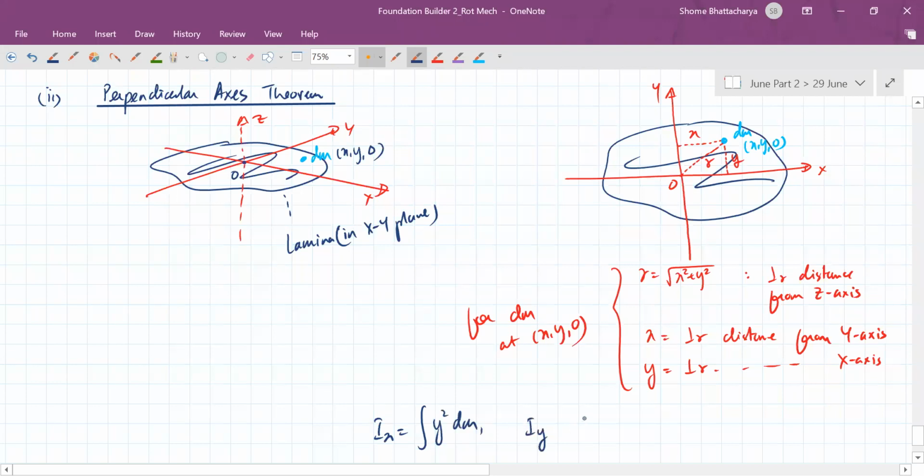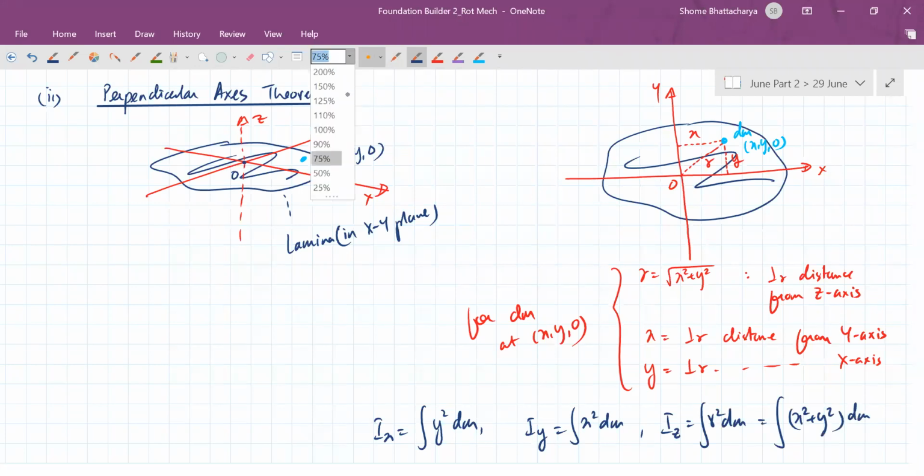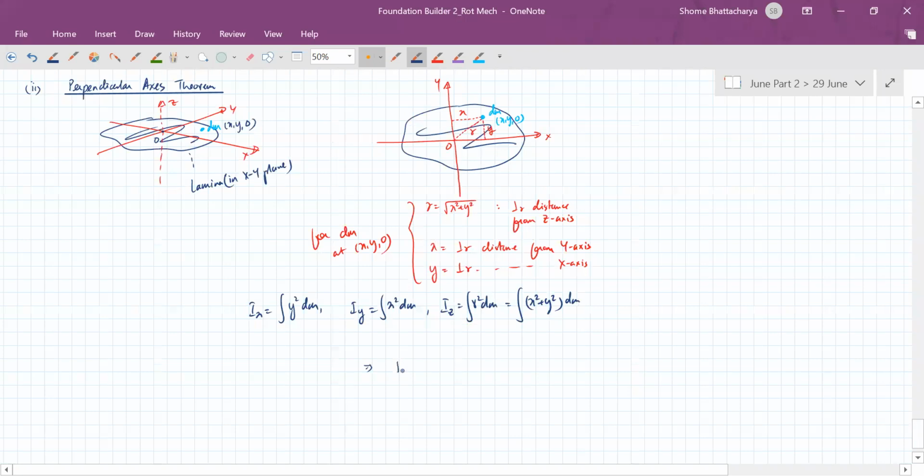Our moment of inertia about the y-axis becomes integration x squared dm, and our moment of inertia about the z-axis becomes integration r squared dm, which becomes this. Okay, so you can see that you separate these out. So this is nothing but our Iy, and this is nothing but our Ix. So this condition will always be satisfied as long as the body is planar and it's lying in the xy plane, and z-axis is therefore cutting it perpendicular.